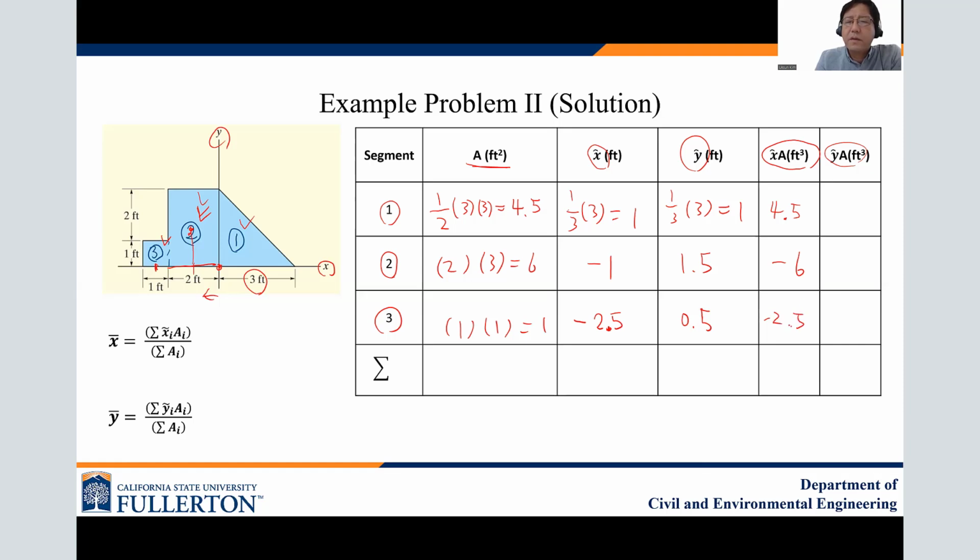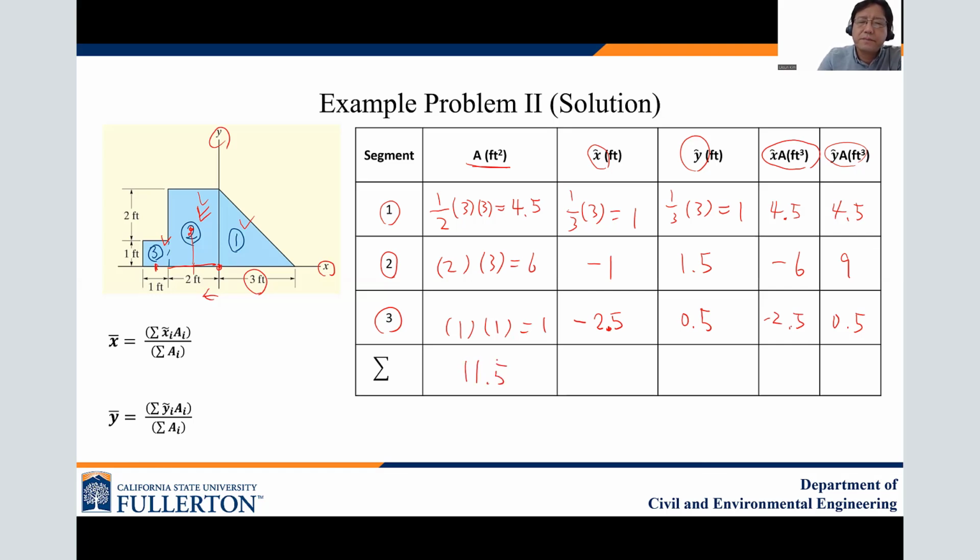Okay, so that is the value. And then the same thing for Y: 1 times 4.5, 4.5. And then 1.5 times 6, there's a 9. And then 0.5 times 1, there's a 0.5. So you add up all these, and this one is 11.5.